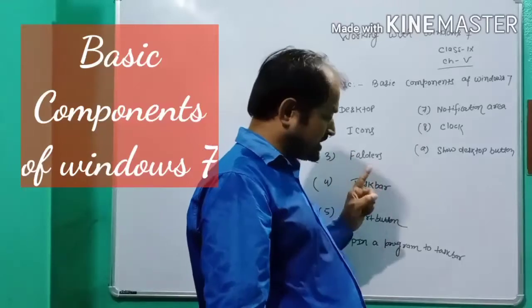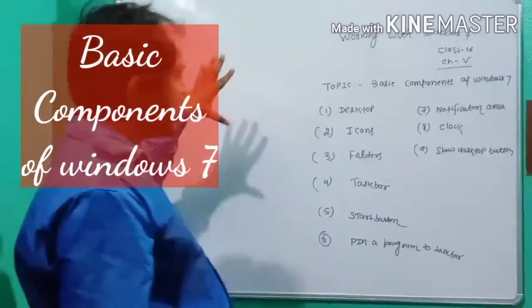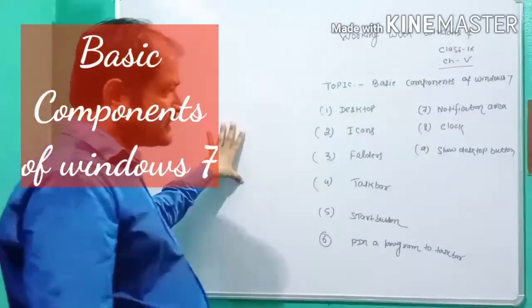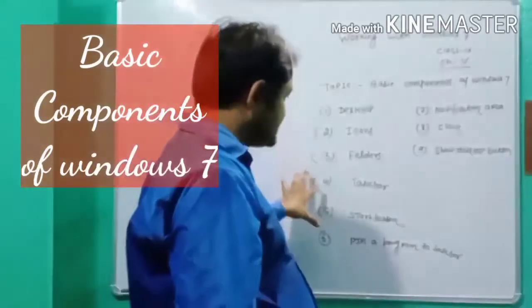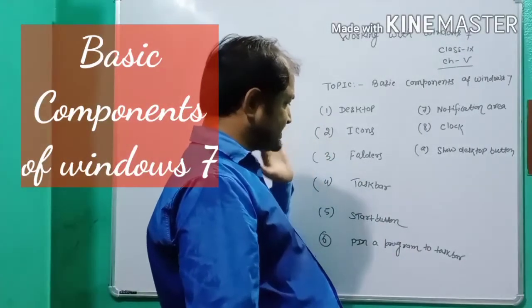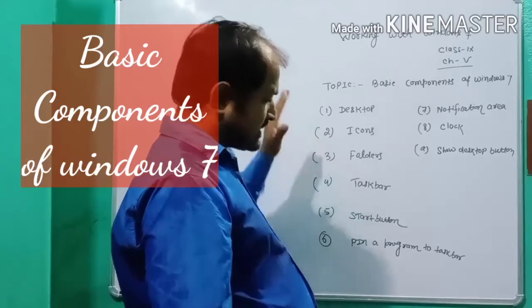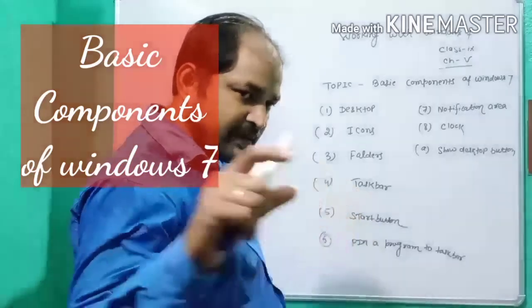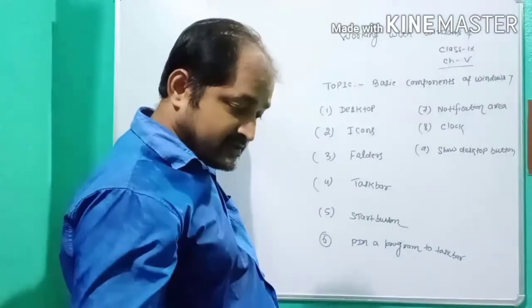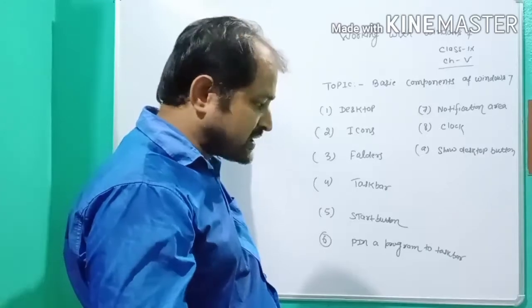Third, folders. What is a folder? Folders are places where you can save files, icons or programs. What is the taskbar? The taskbar is a long horizontal bar. The lower part of the screen is called the taskbar.